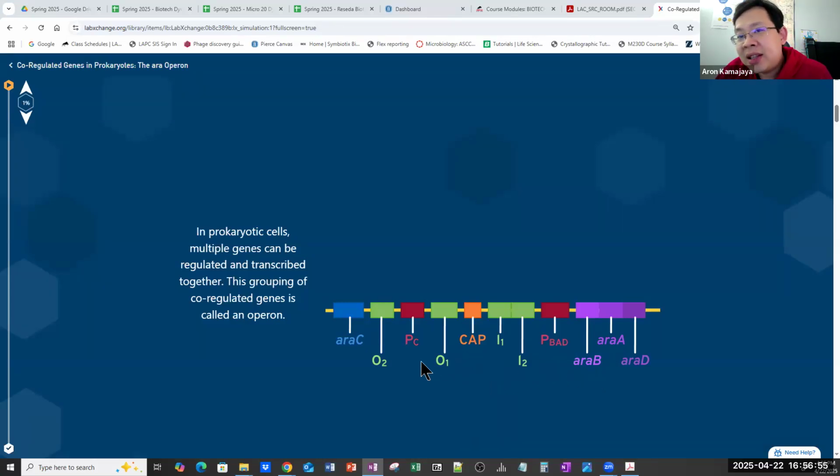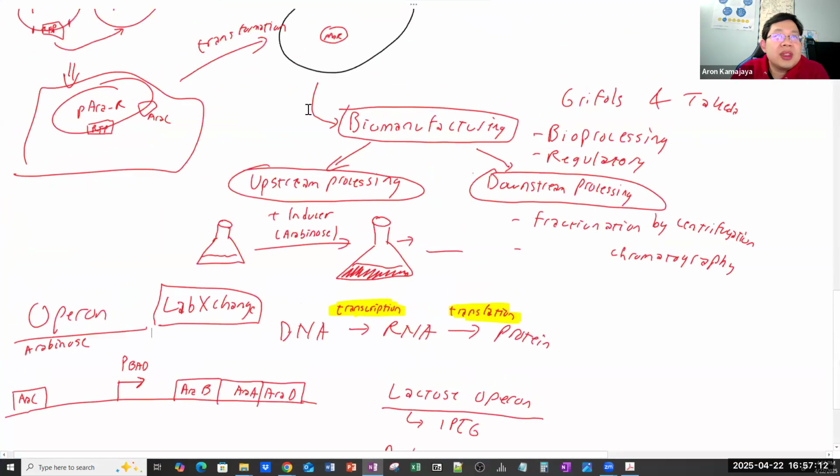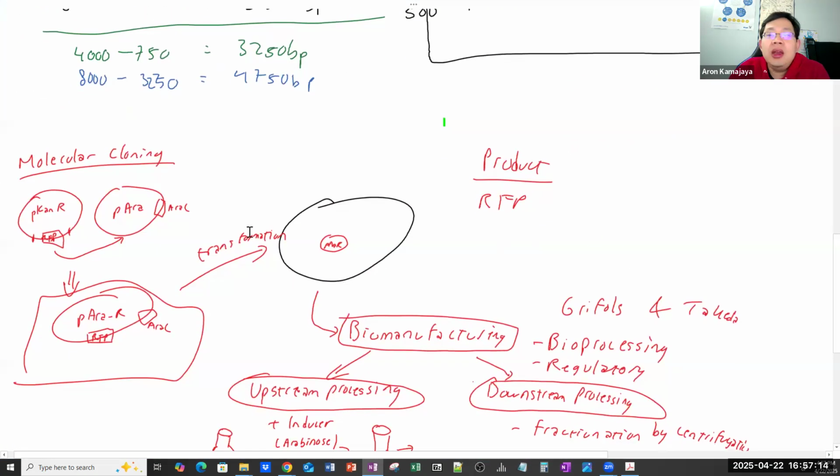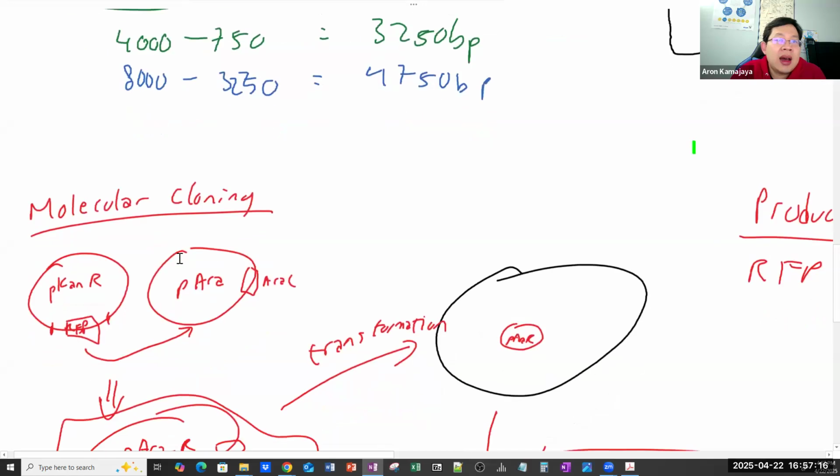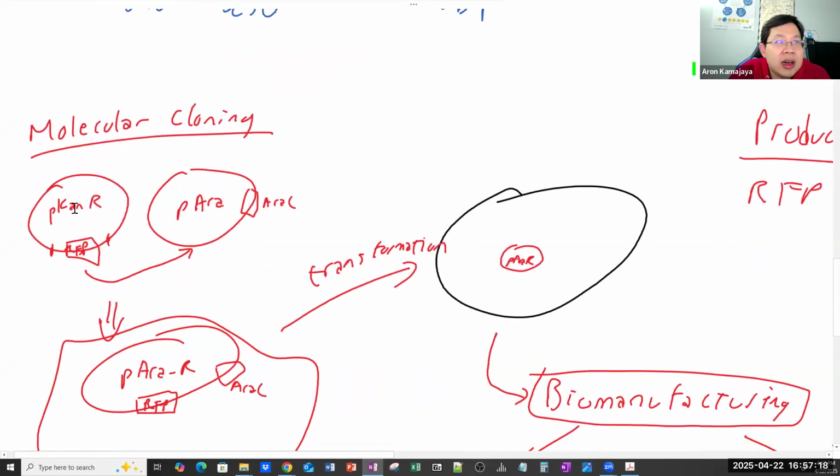Now there is this other element that I did not discuss. The araC is somewhere outside of all this. The araC is the regulatory element. If you remember in your plasmids, let me bring it back here, your pCAN-R originally has RFP.